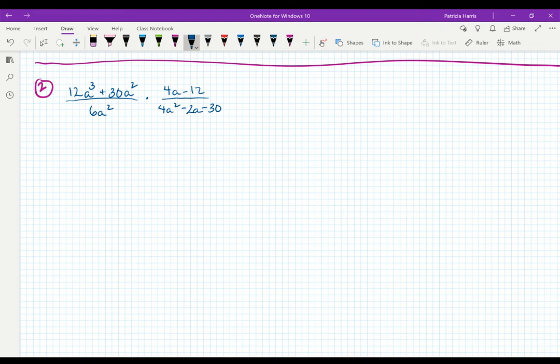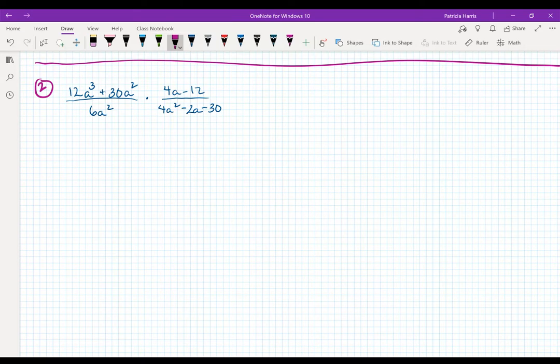Okay, so I'm going to go and factor the top left numerator, the bottom left denominator, then the top right numerator, and then the bottom right denominator. Now, please be aware that I factor kind of fast because, well, I've got way more experience.